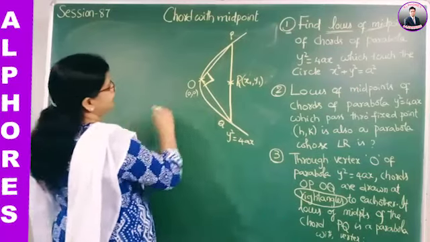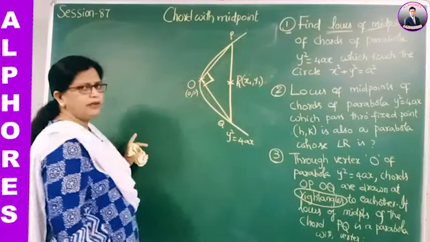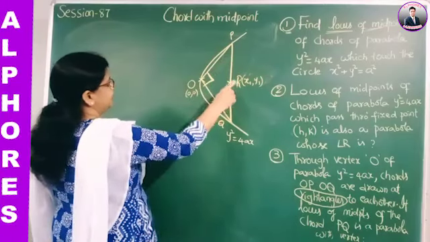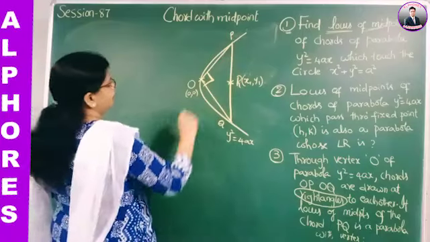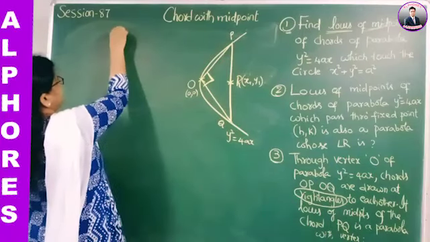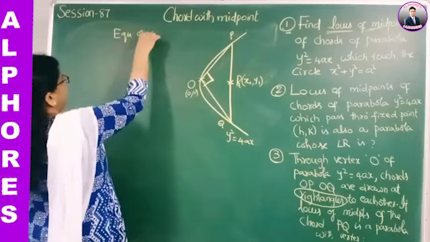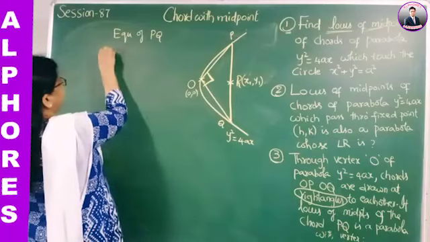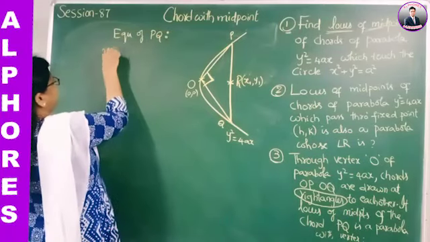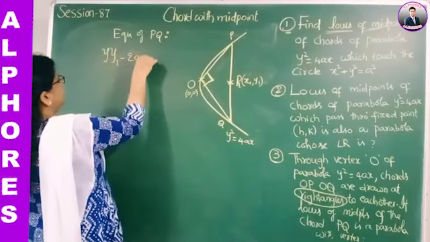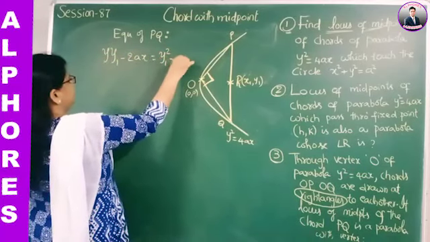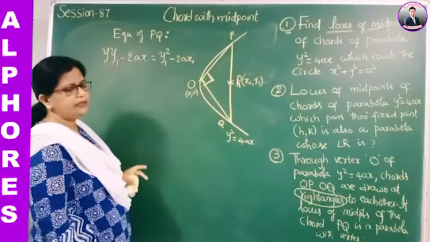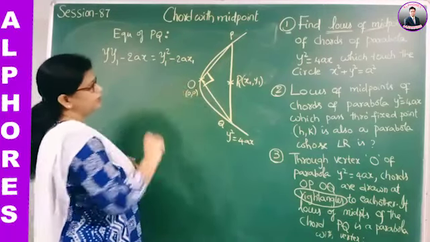Earlier, OP and OQ they said two chords, and the middle point is given. Let us observe the equation of chord with a given middle point. So what is the equation of PQ under the condition that the middle point is x1 y1? Just now we have observed it is y1 y minus 2ax is equal to y1 square minus 2ax1. Now we use the concept of homogenization here because this point is the origin.